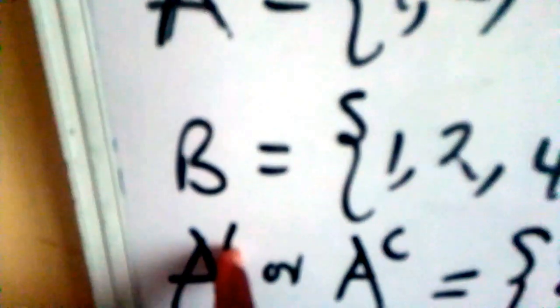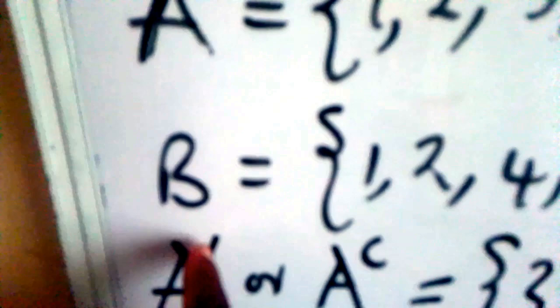Now for you to determine A complement. A complement is represented by this prime on it. Put a small slash on it like this, it means prime, or A raised to power C. It means A complement.